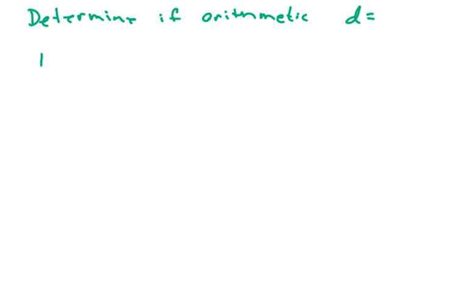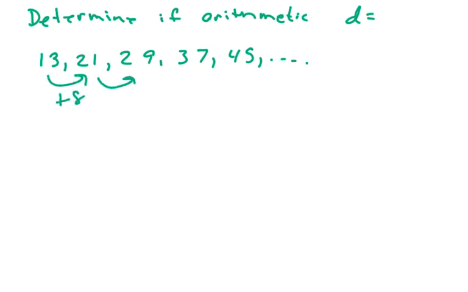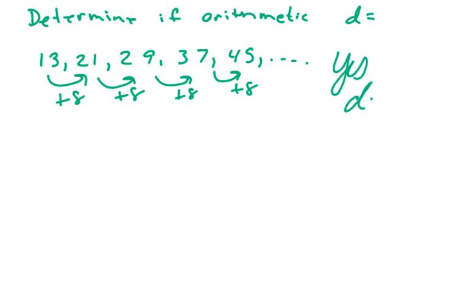Let's start with 13, 21, 29, 37, 45. To go from 13 to 21, we are adding 8. Then 21 to 29, we are adding 8. 29 to 37, we are adding 8. In fact, we are adding 8 each time. So yes, this is an arithmetic sequence, and the common difference is a positive 8.